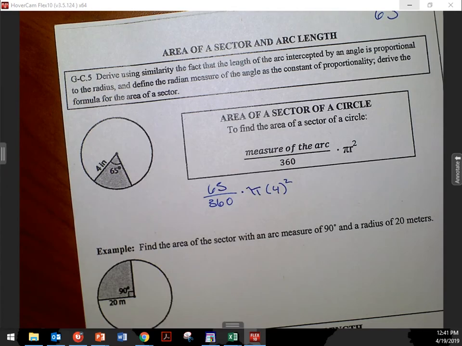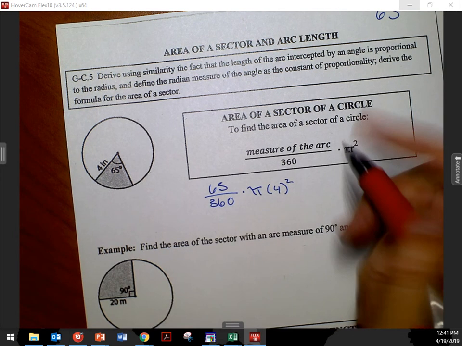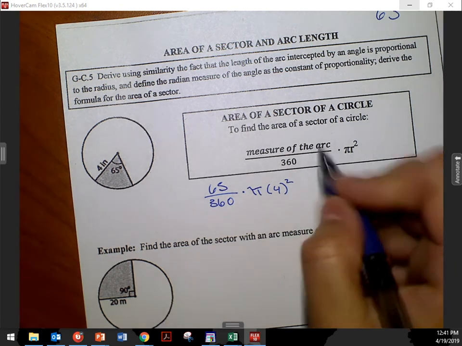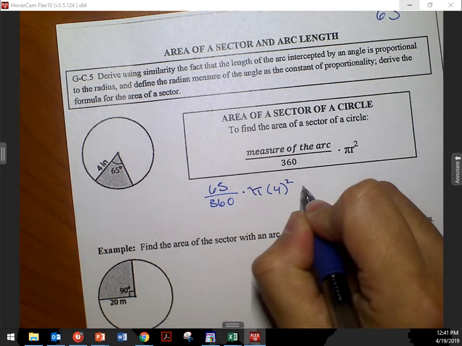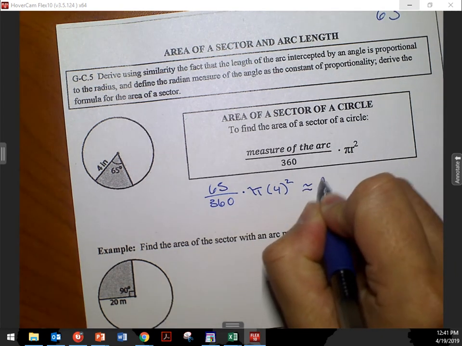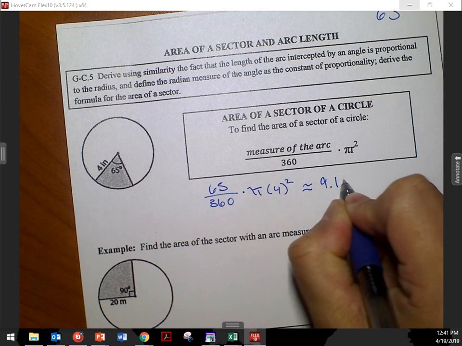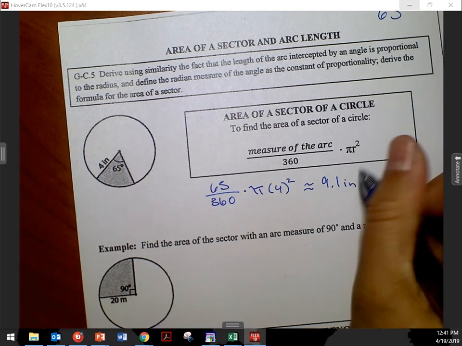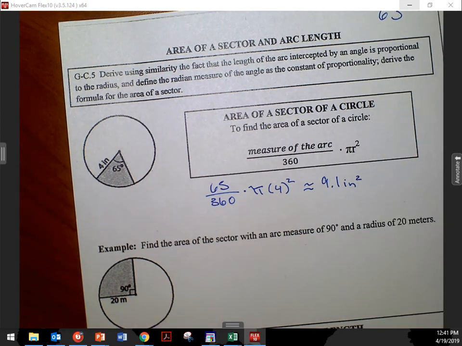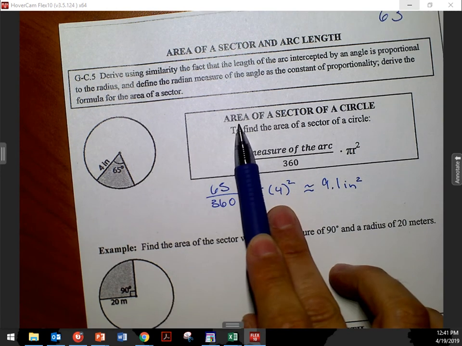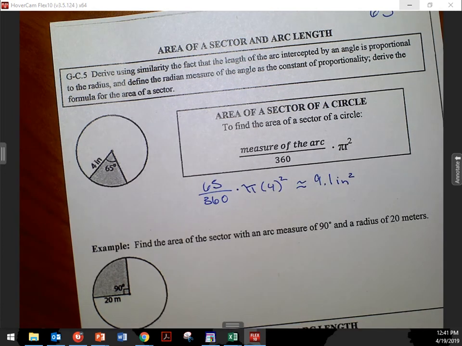So, what are my units on this though? Inches. Yes. 9.1 inches square. Why is it square? Area.